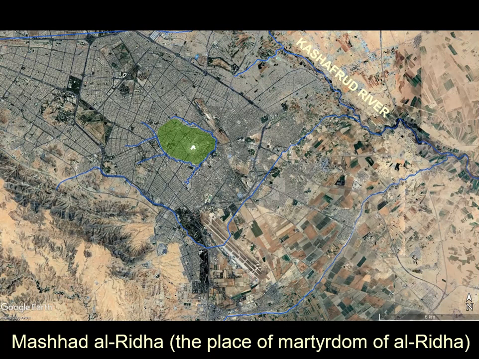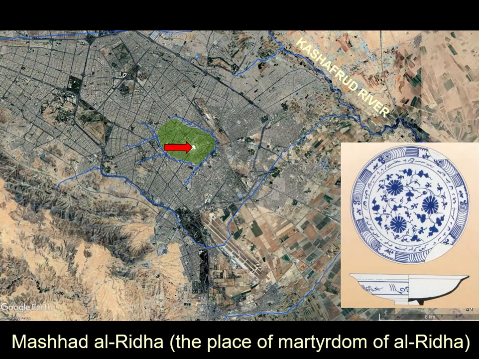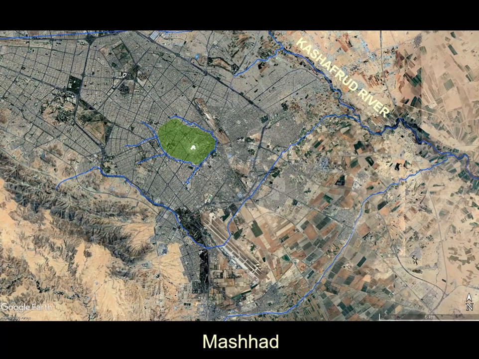Previously, there was just a village and a palace here, but because of the importance of pilgrimage to the shrine of Al-Rida, the settlement grew around it and increased in importance in the late 15th century under the Timurids, the period when the earlier pottery was made, which is inscribed with manufacture at Mashhad. I've highlighted in blue where some of the rivers are, which would have been the source of quartz in the form of cobbles, weathered out of the metamorphic rock to the south.